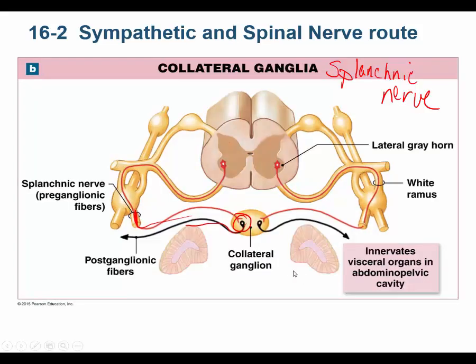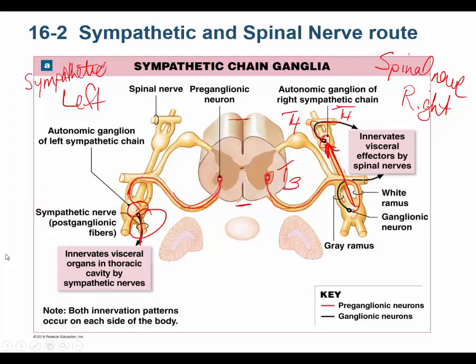Well, if the adrenal medulla is modified postganglionic neurons and it's secreting epinephrine and norepinephrine, then these postganglionic neurons better secrete epinephrine and norepinephrine. They do. Don't worry, these ones over here do too.